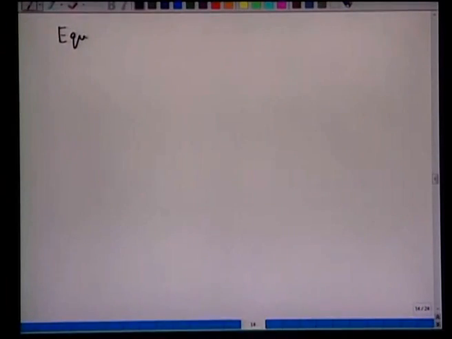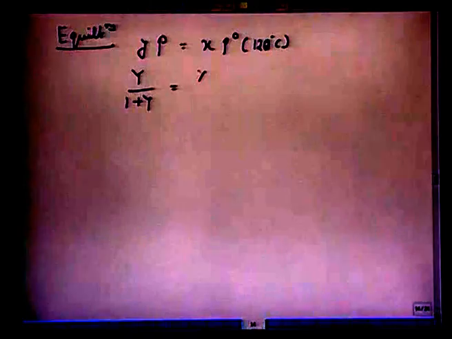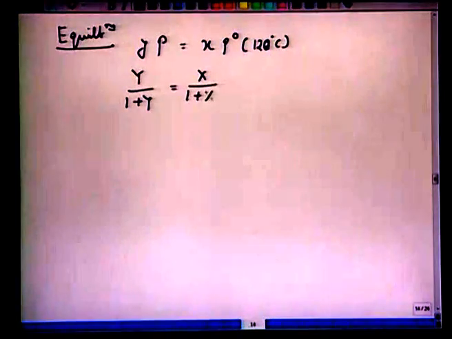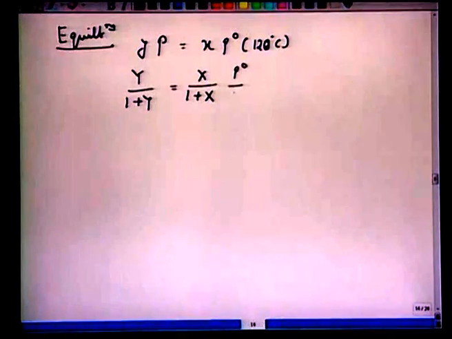So let's draw the equilibrium curve, given as y p equals x p0. However, the vapor pressure has to be calculated at 120 degrees centigrade. So the small y mole fraction is capital Y over 1 plus Y, equals x over 1 plus X times p0 over p.